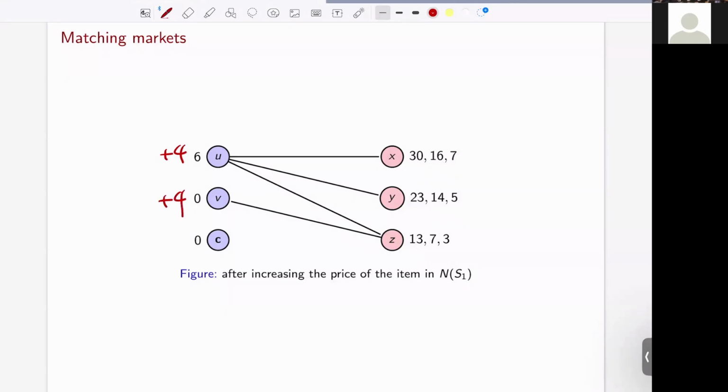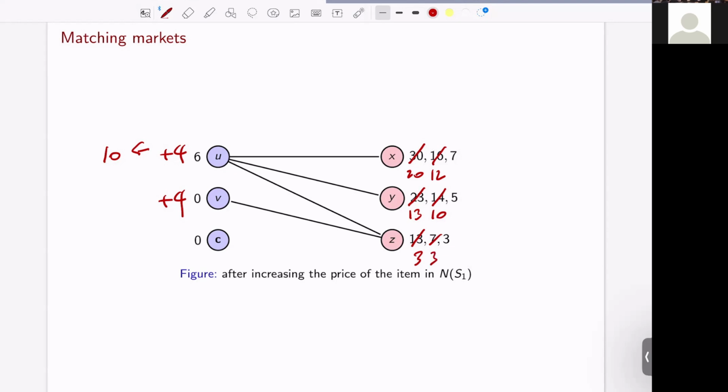Then now it becomes 10, and the price of V is 4. Let's compute the utility. Now this becomes 20, 13, 3, and the valuation for Z is 12, 10, and 3.